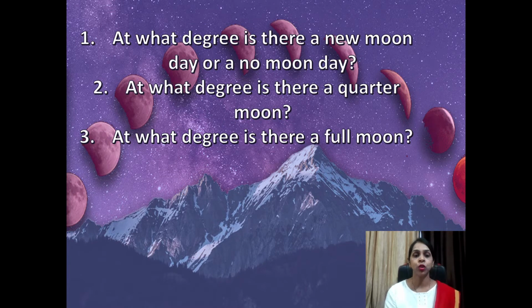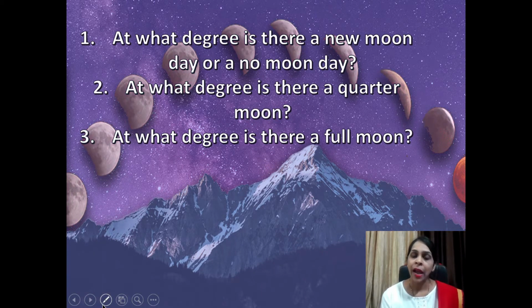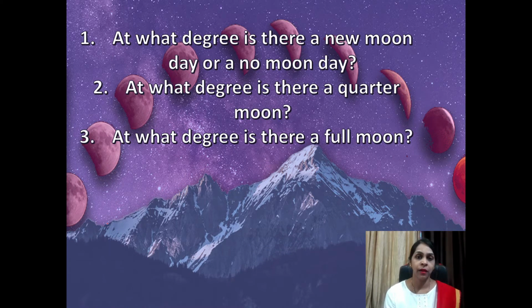Student, here are some questions for you. At what degree is there a new moon day or a no moon day? Yes, at 0 degree there is a new moon day. At what degree is there a quarter moon?